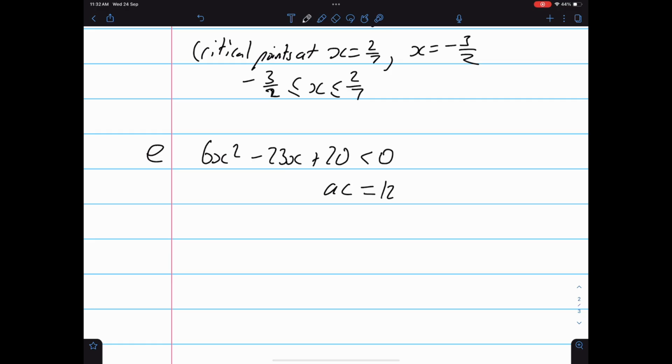AC will equal 120. Six x squared minus 8x minus 15x plus 20 strictly less than 0.